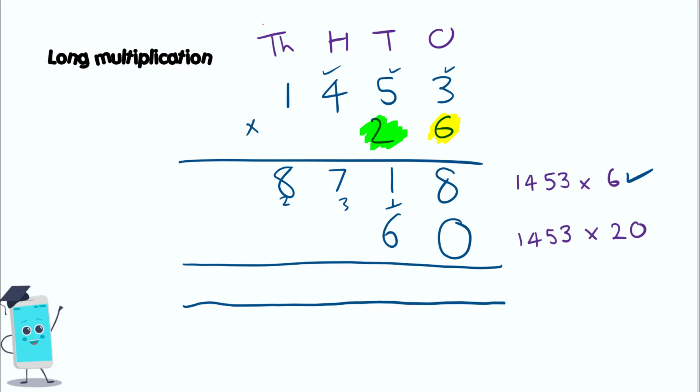You can see automatically it's made it 60 by putting that placeholder there. I'm going to tick it. 5 times 2 is 10. 0 goes there, my 1 gets carried. Tick it. 4 times 2 is 8, plus my 1 is 9. Tick it. 1 times 2, sorry, is 2. Pop that in there. Okay, so I have calculated 1,453 times 20.